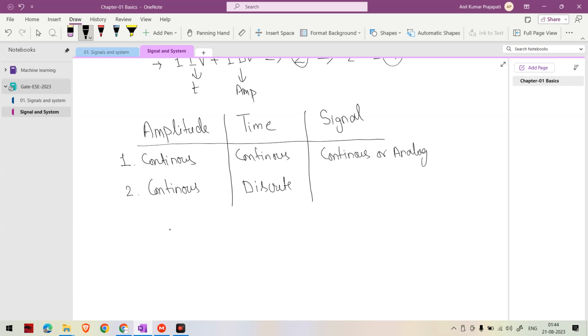This will give you a discrete time signal. And another combination you can now tell very easily: if it is discrete in amplitude and continuous in time, then we can say it is a quantized signal.